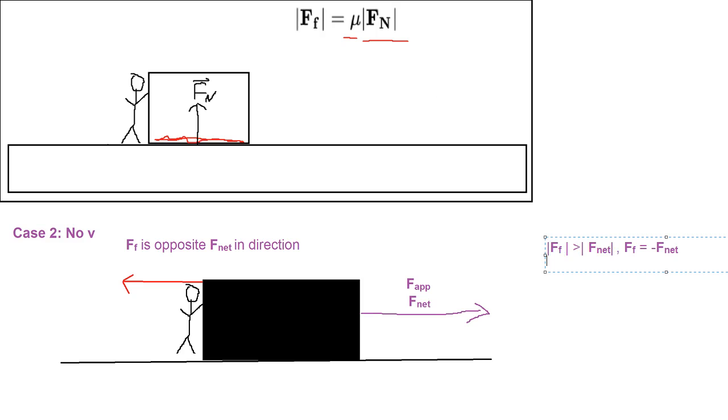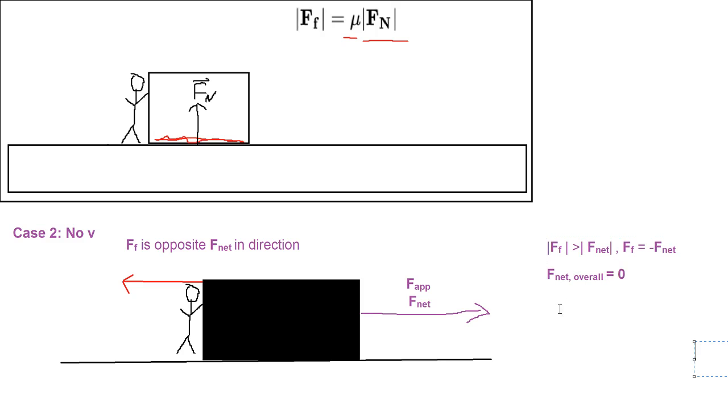And what this will do is it will always yield you an overall net force when you add it in of 0. In other words, if the frictional force is bigger than the net force, it'll just cancel it out and give you 0. It won't apply itself up to its maximum magnitude. It will only apply enough to cancel out your net force.